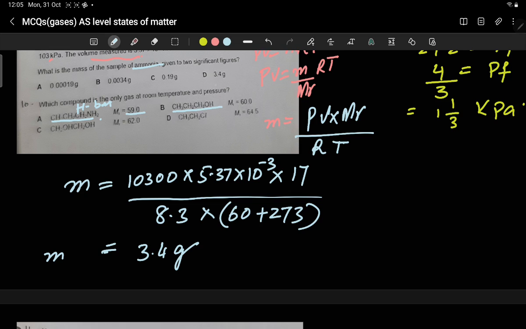Again propanol, also due to hydrogen bonding, with Mr 60, exists in the liquid state. For the compound with two alcohol groups attached, this will definitely be liquid. So only one option is left, that is CH3CH2Cl.